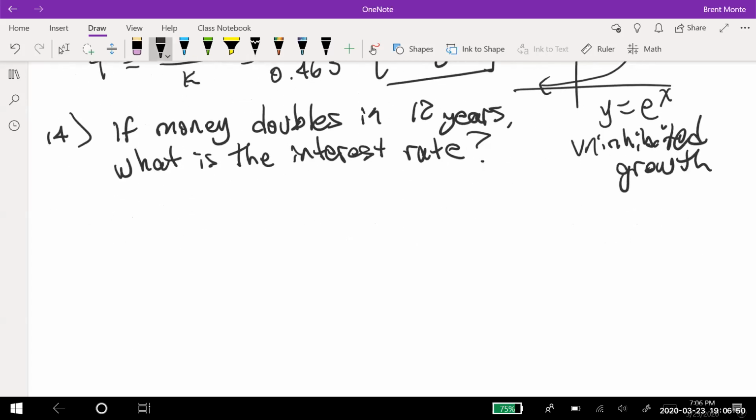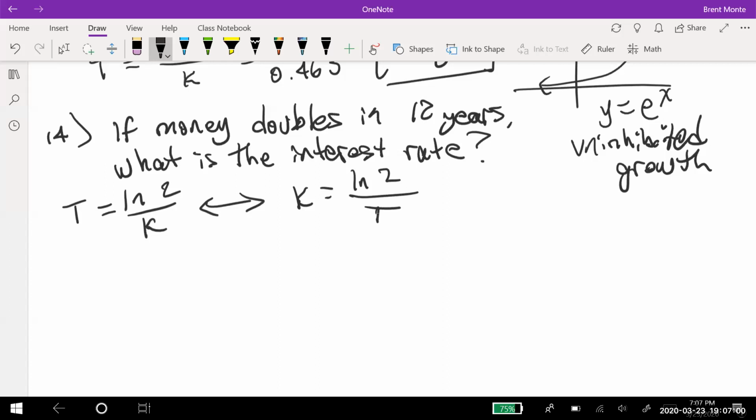So remember we had for time, ln of 2 divided by k. We also had k is ln of 2 divided by t. That's what we're looking for. We're trying to find k, the growth rate. So we do ln of 2, and they just said it's 12 years. We just plug that in, we get our answer.